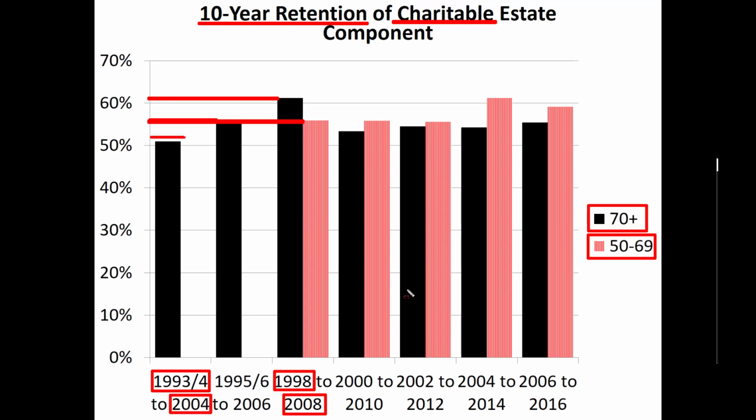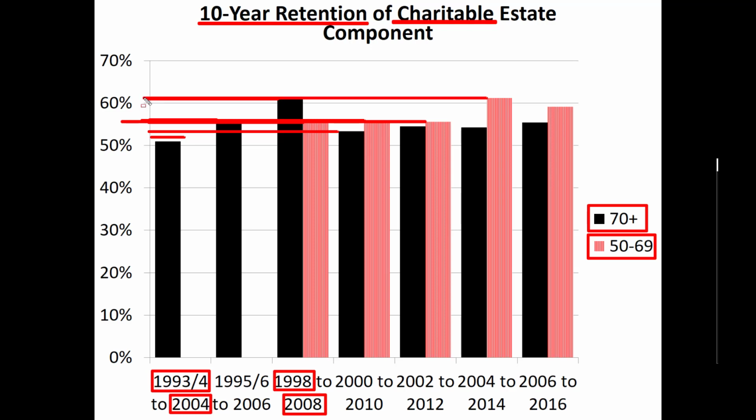Then again, looking at it in 2000 to 2010, the 70 and above sample group gave us about 53%. That age 50 to 69 group gave us about 55%, which is about the number we got again 2004 to 2014.